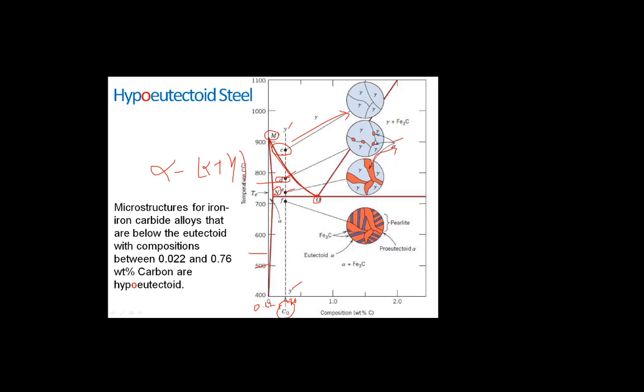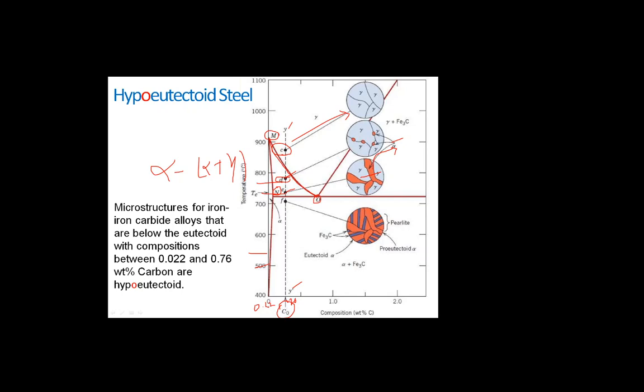At this point, the compositions of the alpha and gamma phases are determined by constructing a tie line again at the eutectoid temperature, which represents the compositional weights as well.